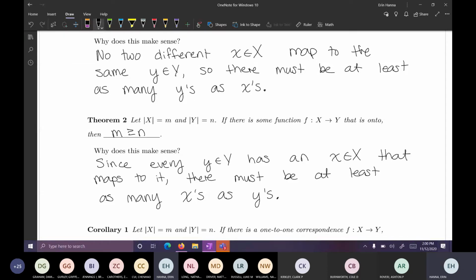Because also remember that x's can only go to one thing. For it to be a function, that's what it means to be a function. Every x can only go to one y. So if every y has to have an x paired to it, there must be at least as many x's as there were y's.